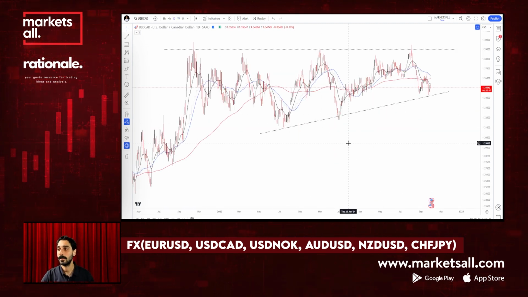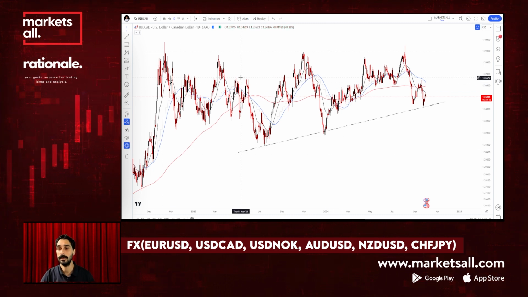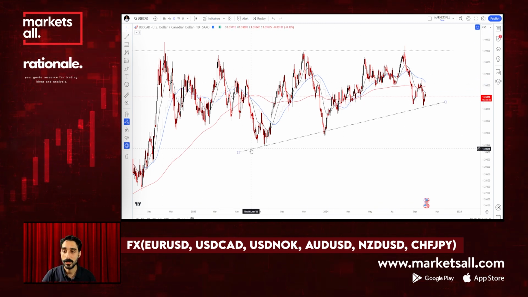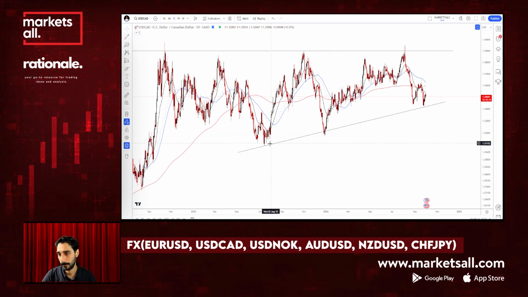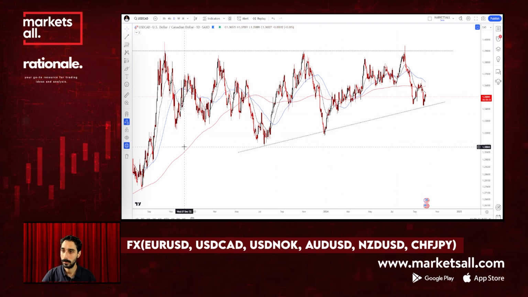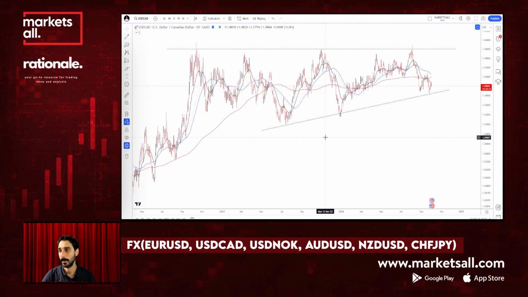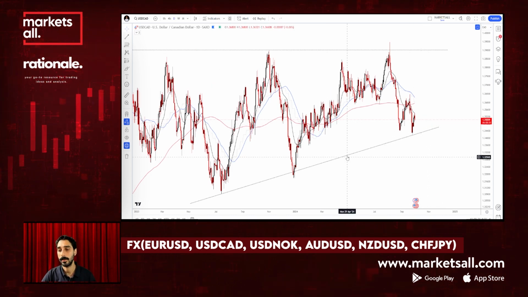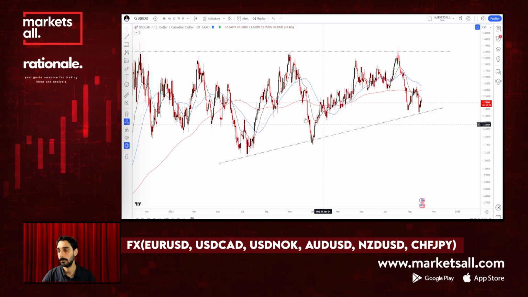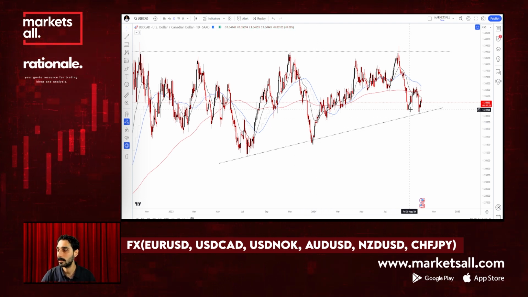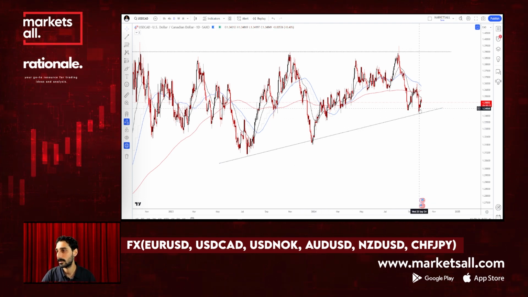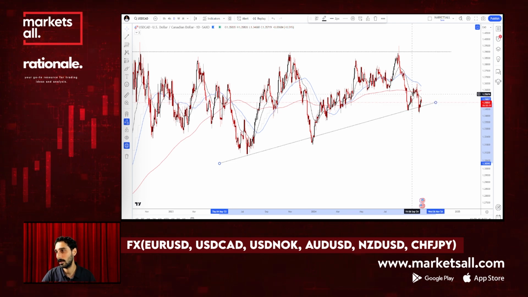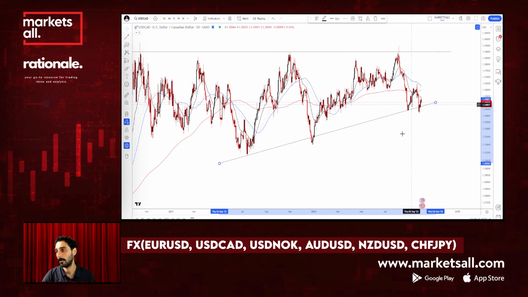Here you can see a nice ascending triangle chart pattern might form, and I generally like to trade those higher lows while a chart pattern is forming, being long around here and having a stop around here. As you can see, it at least works around here. Before this happened, if you had traded like this with a short stop, it might have worked as well.